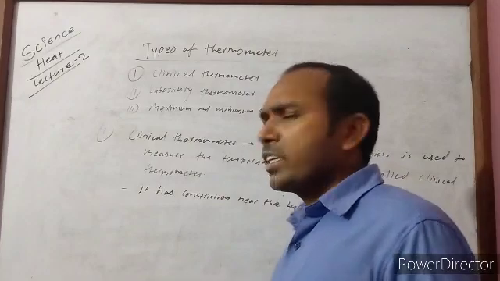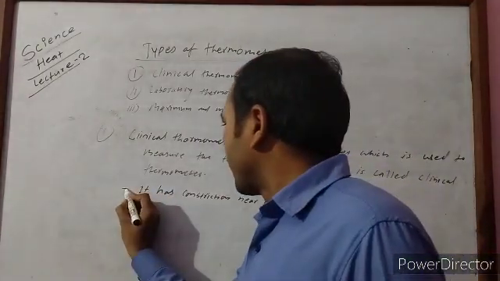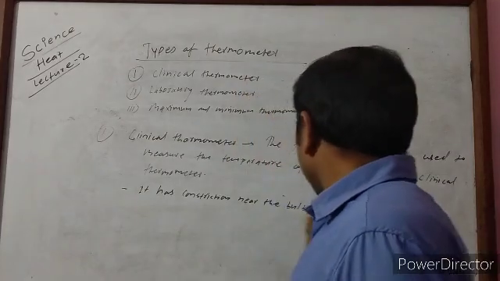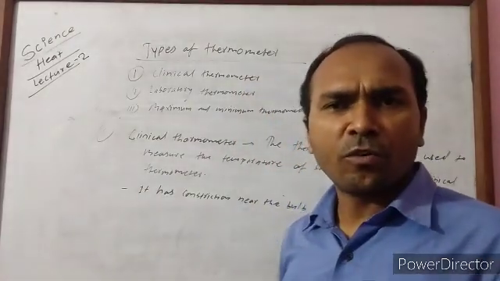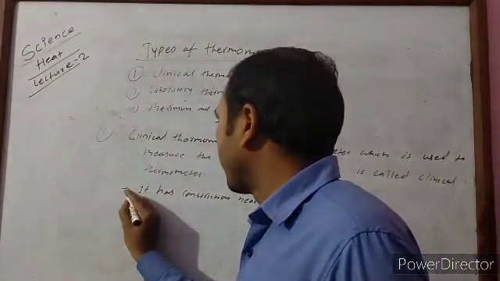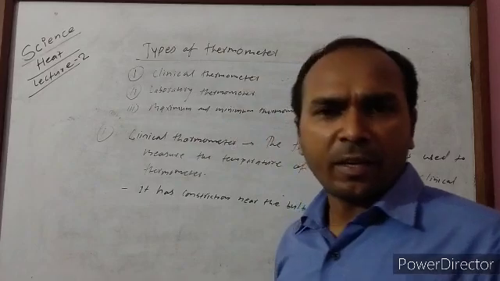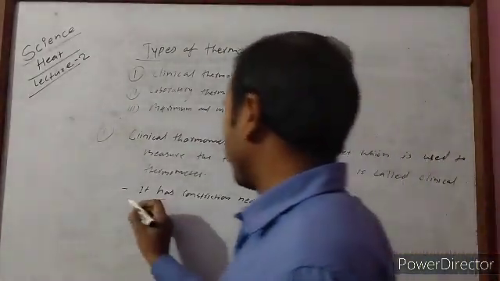Why is there a constriction near the bulb? The constriction prevents the raised mercury column from returning back and helps to measure accurate temperatures. It has a constriction near the bulb.